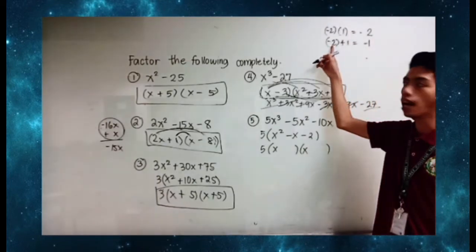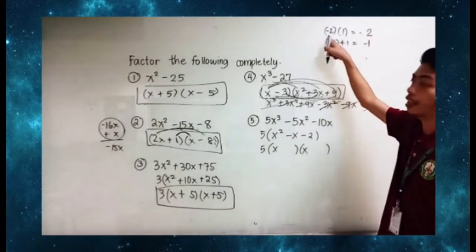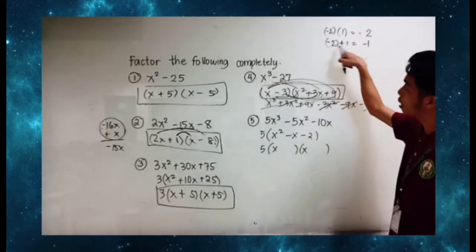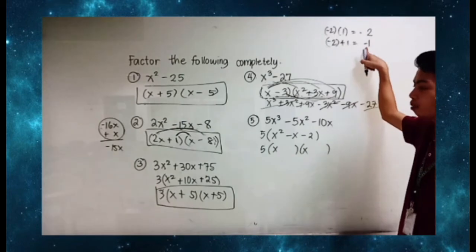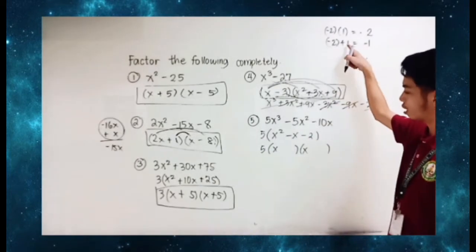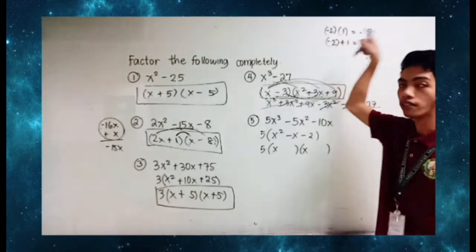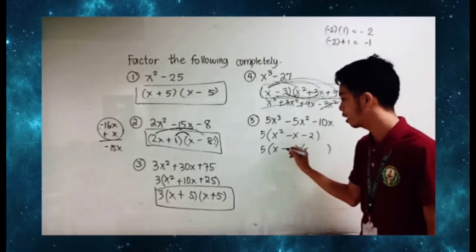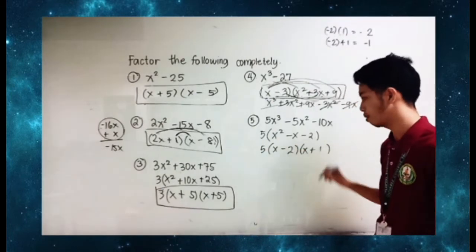So, ibig sabihin pala, ang factor na gagamitin natin ay negative 2 at positive 1. Kasi, pag pinag-combine mo sila, ang sagot ay negative 1. So, maglalagay ka ng negative 2, maglalagay ka ng positive 1.